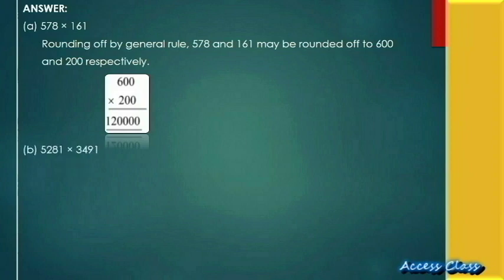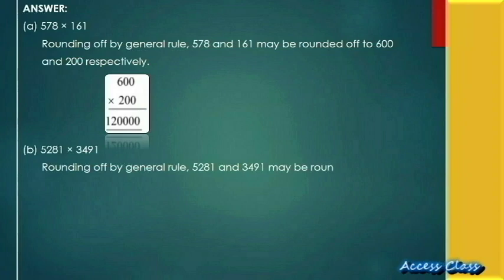Similarly, we are going to start B part. 5,281 multiplied by 3,491. So here, how are you going to round off? You will get 5,000 and 3,000 by rounding to the most significant place. The most significant place is here 1000 and here is 1000.